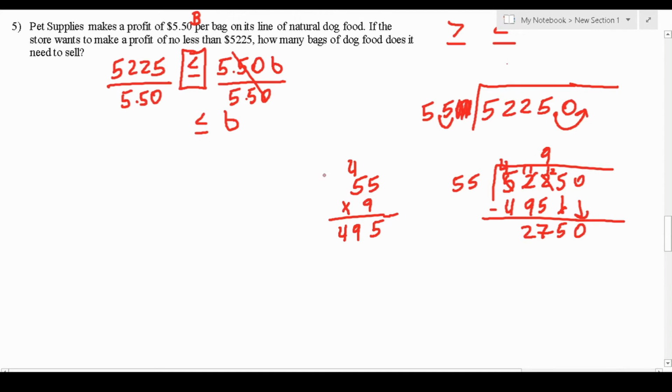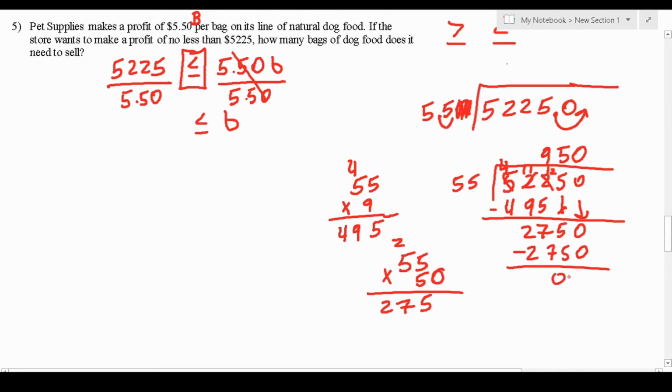So I'm going to say 55 times 5 will get us close to 275. So 55 times 5. 5 times 5 is 25. Carry the 2. 5 times 5 is 25, plus 2 is 27. So we can see 55 goes into 275 evenly. So if we tack on a 0 here, we know that 55 times 50 will be 2,750. Therefore, we'll have no remainder for this one.